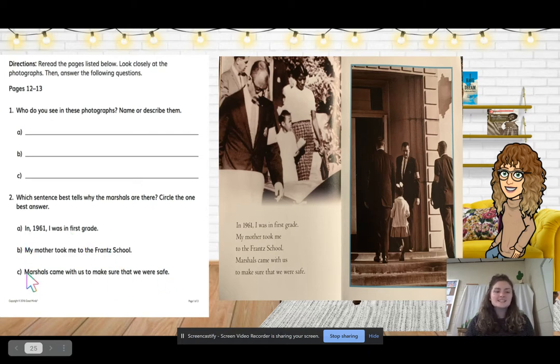Which sentence tells us why the marshals are there? Tell me in the puzzle. So letter C tells us why the marshals are there. Not only that, but it is the only sentence that uses that topic-specific word, marshals. Letter C tells us why they were there, to keep Ruby and her mother safe.